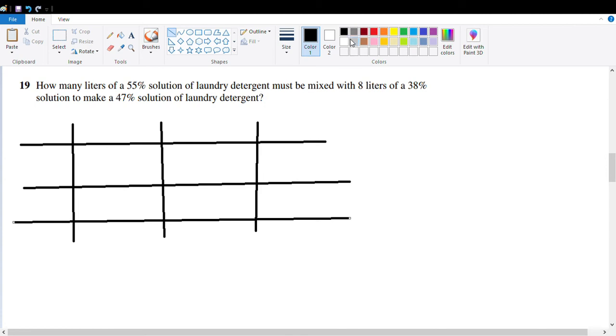So in this problem, this is our unit, liters, our percent, and our total.